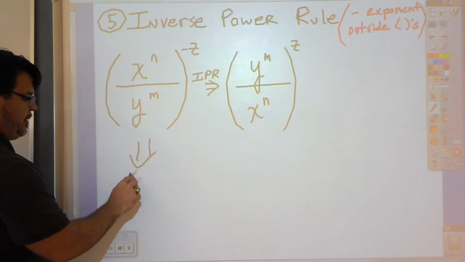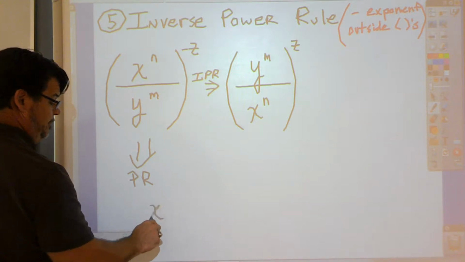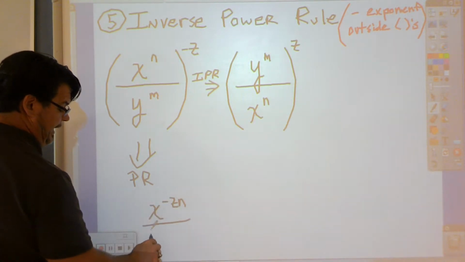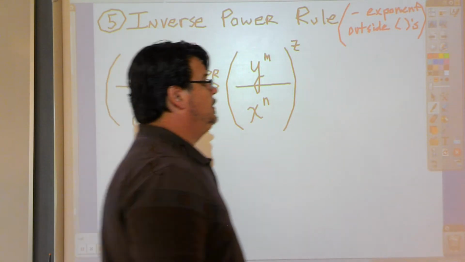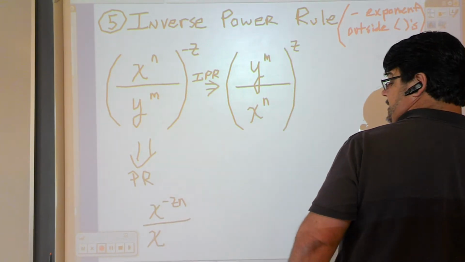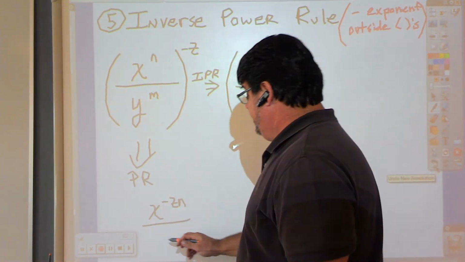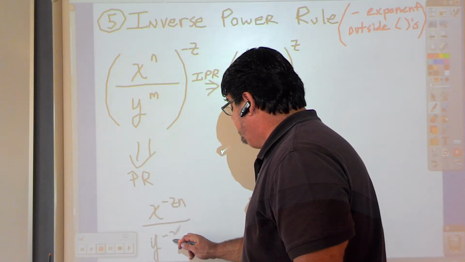Some people just use the power rule. And what would that give us? X to the what? Negative zn over y to the what? Negative zm.